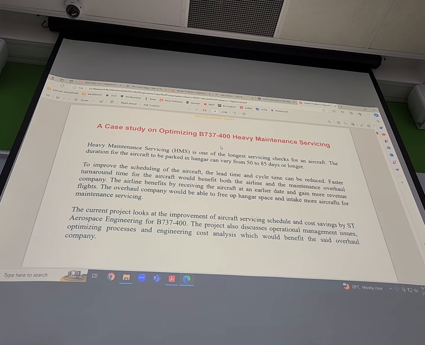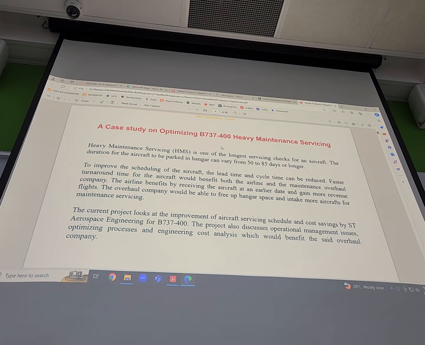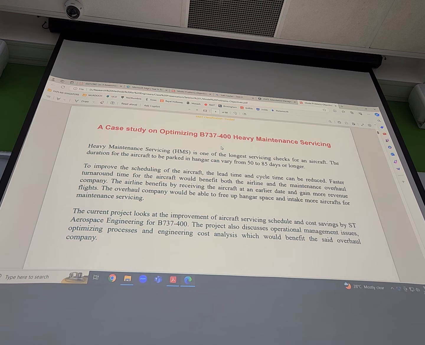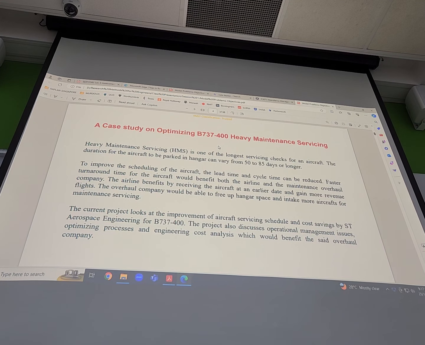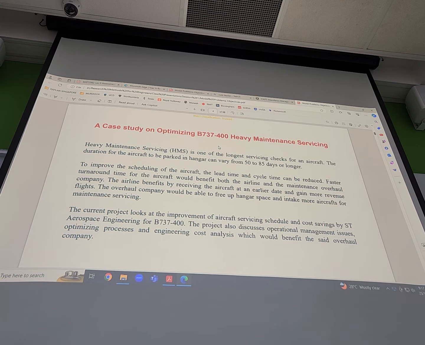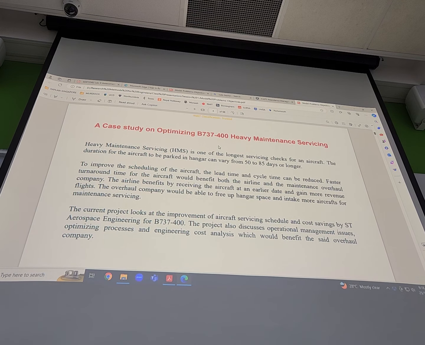Come up with such a scheduling technique so that you can. Okay, so the current project looks at the improvement of aircraft servicing schedule and cost savings by so-called ST services. The project discusses operational management issues, optimizing processes, and engineering cost analysis, which will be beneficial to the company.